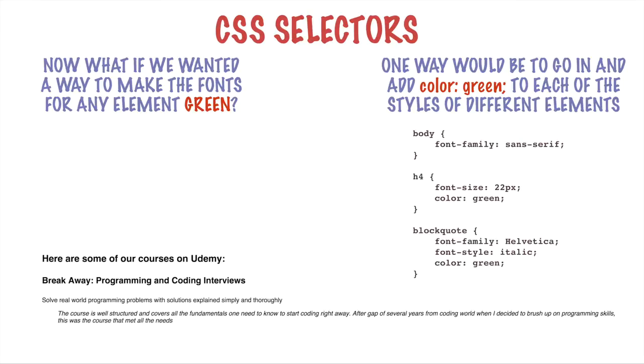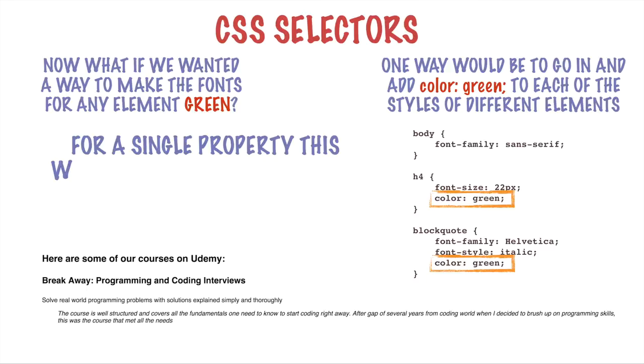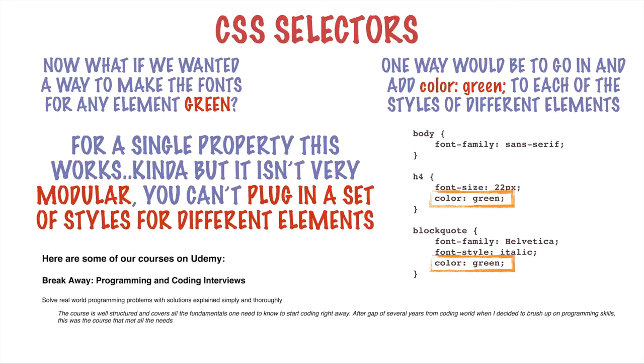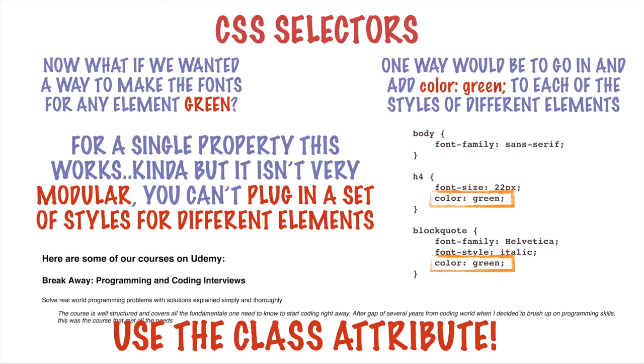We would then have to manually go in and modify every one of the styles that we have already created and physically type out color: green; a bunch of times. But this again is a solution which requires copy pasting code, and anytime you do that, you know that something isn't right. Doing this for a whole bunch of different styles in this manner is just not modular.